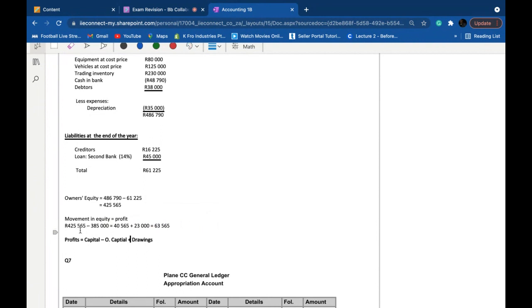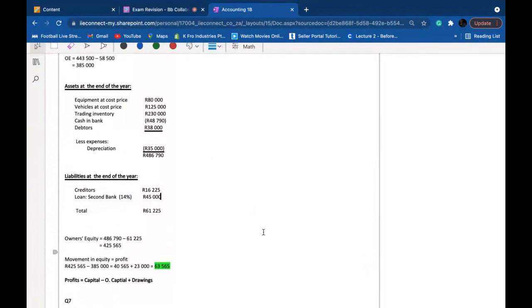So we are saying new capital balance minus your old capital balance, then plus drawings, because here they've already gotten the difference. And that's how we're arriving at our final answer of 63,565.